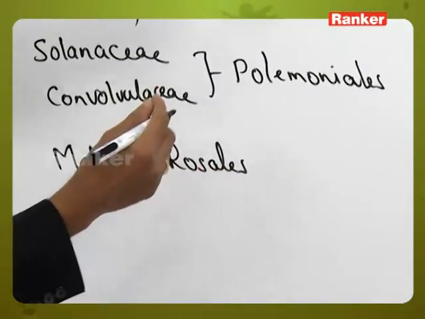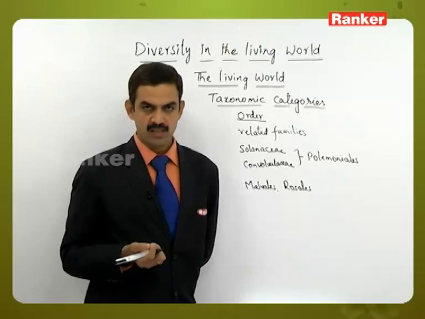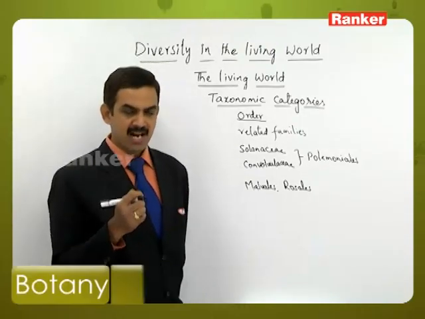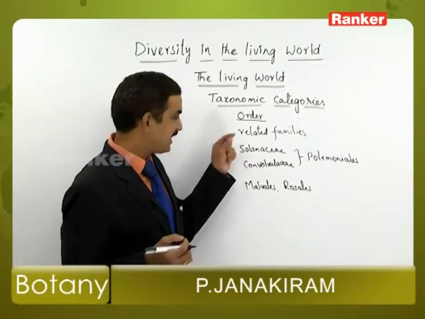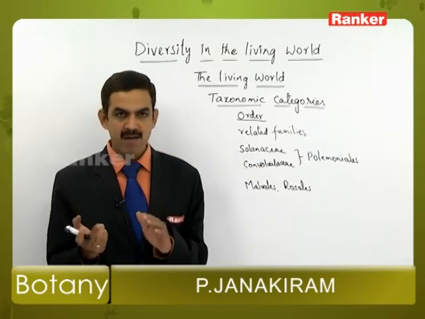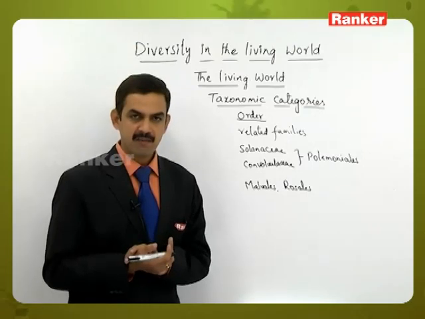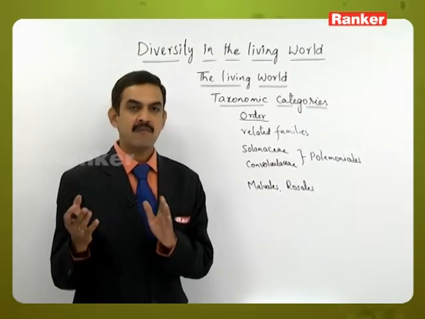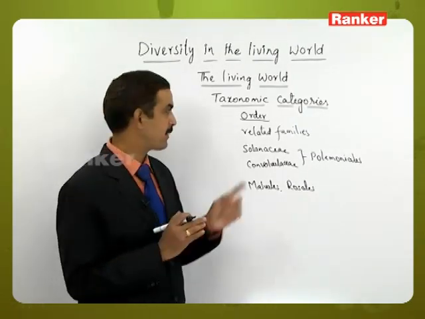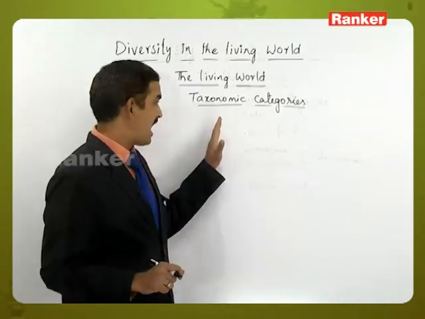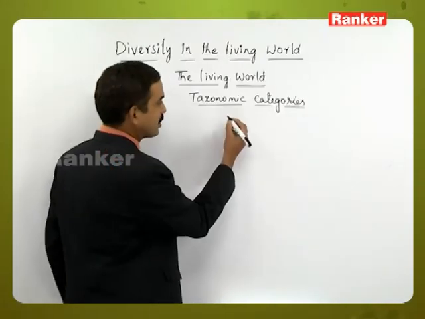And when we compare the similarities within the family and between the families of one order, definitely more similarities are present within the family when compared with the different families present within the one order.